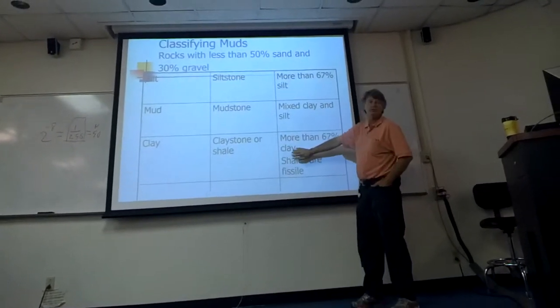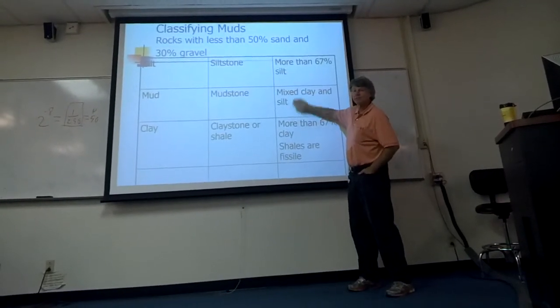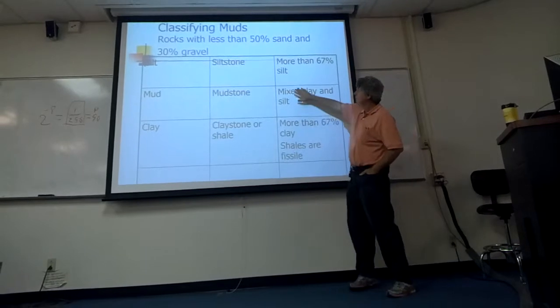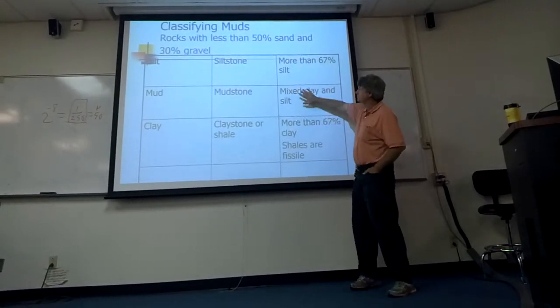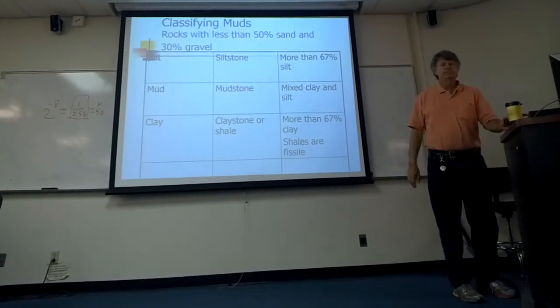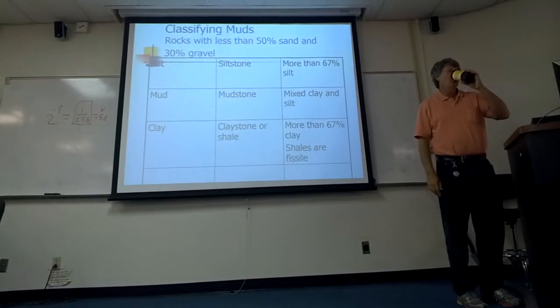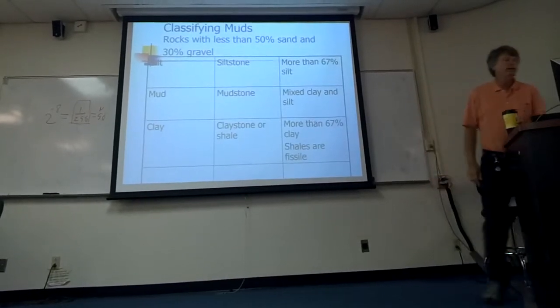If more than two thirds is clay, it's a claystone. And if it's an about even mixture, more than one third and less than two thirds of the material, then it's a mudstone. So claystone, siltstone, and if they're mixed, it's a mudstone. Questions?